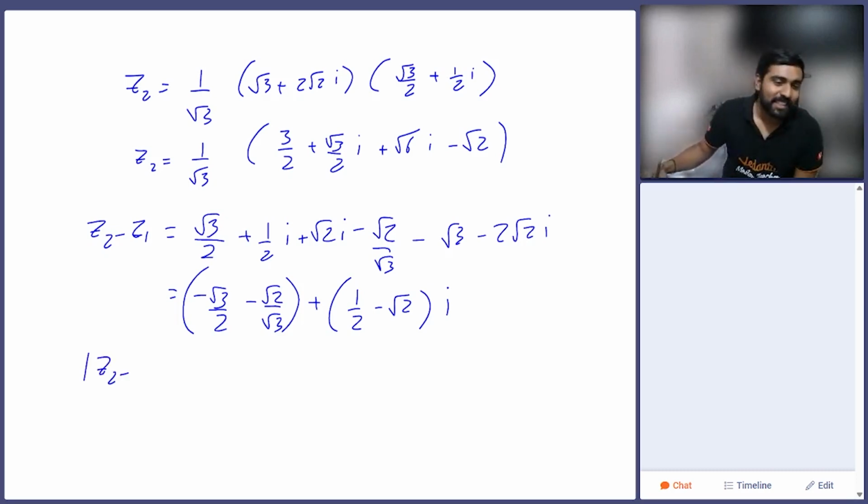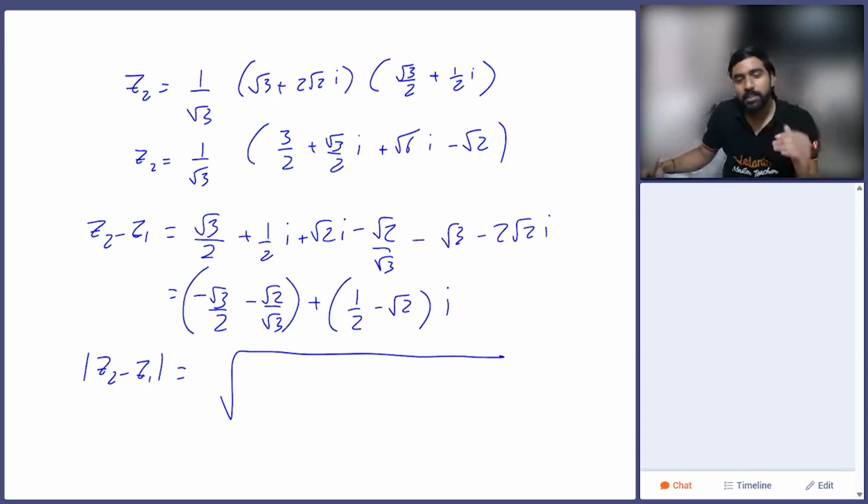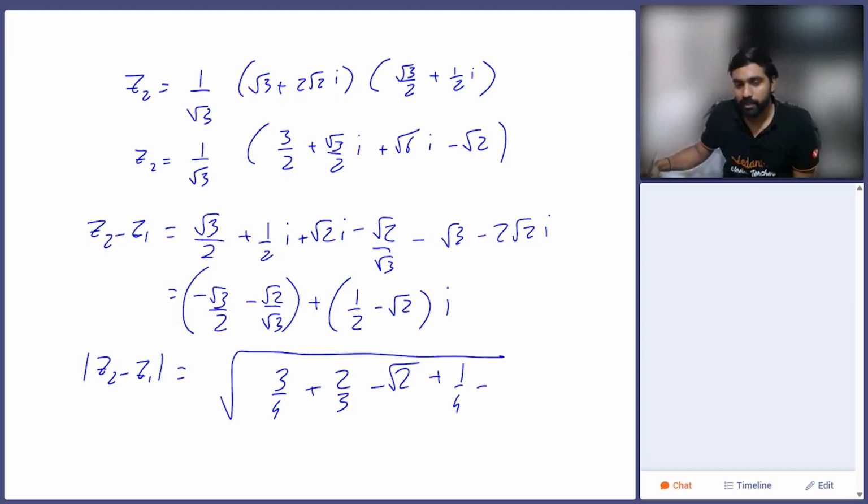Let's find the modulus. Modulus of Z2 minus Z1 will be the root of root 3 minus root 3 by 2 whole square, that is 3 by 4, plus you will have your 2 by 3, then minus, when you multiply this 2 times, the 2 also gets cancelled out, minus root 2 is the only thing you're going to be left with over here. I hope you're able to see this. Root 3 cancels out, 2 into root 2 divided by 2 minus root 2, plus 1 by 2 minus root 2 whole square, that's plus 1 by 4, plus 2 minus 2 into 1 by 2 into root 2, that is minus root 2 over here as well.